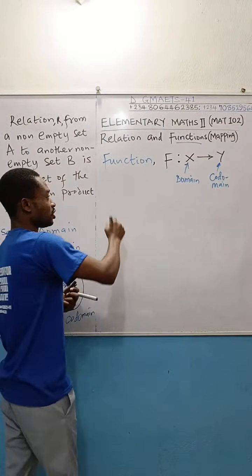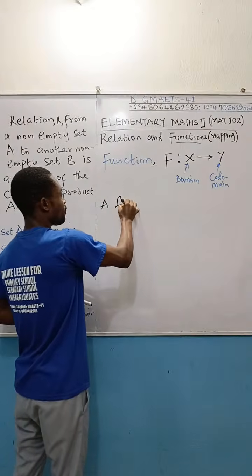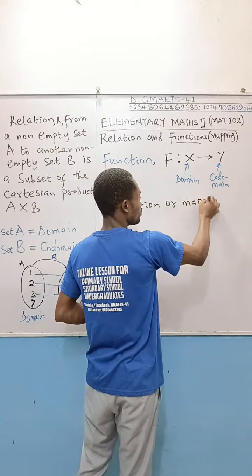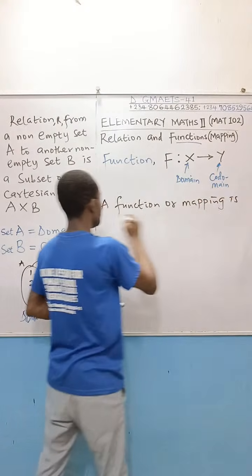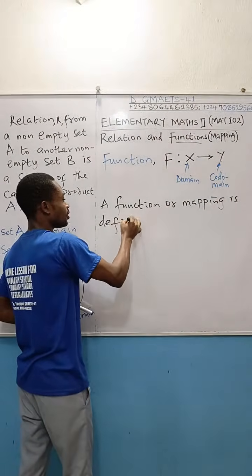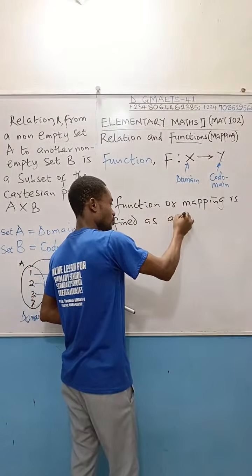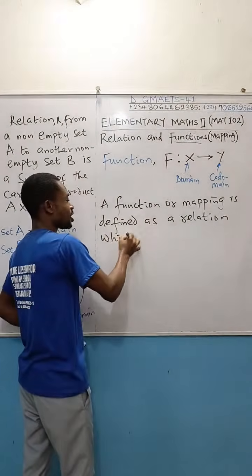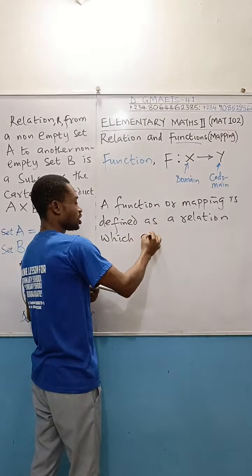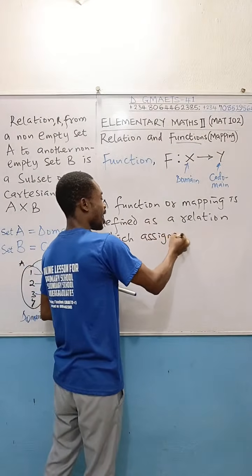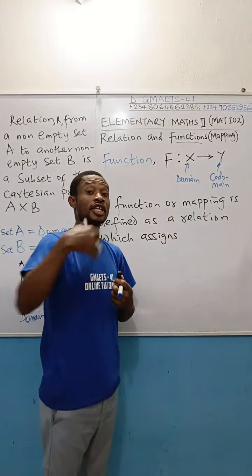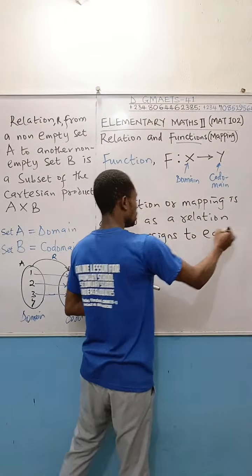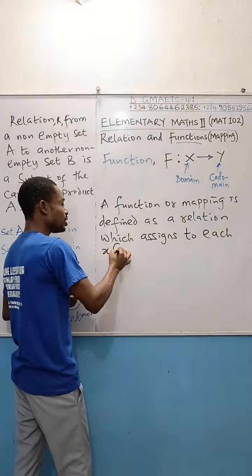I'm going to write the definition on the board. A function or mapping is defined as a relation which assigns, and that assignment means to give a value to something, which assigns to each x element of set x.